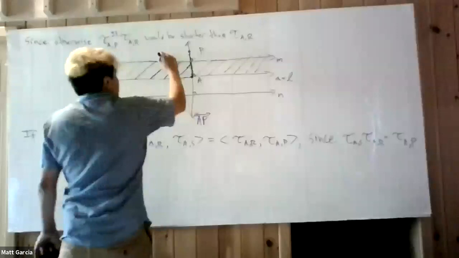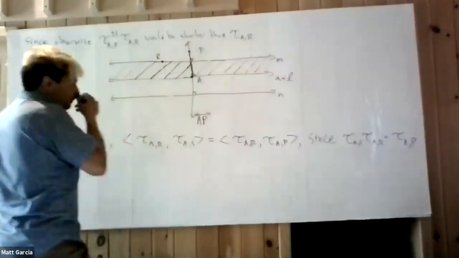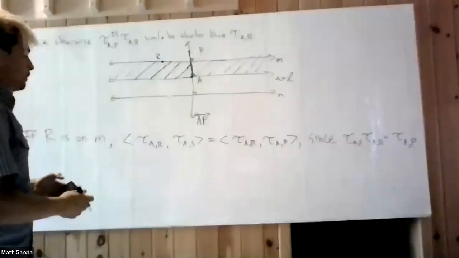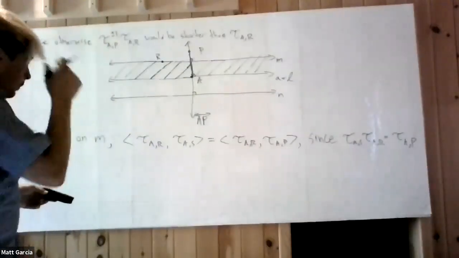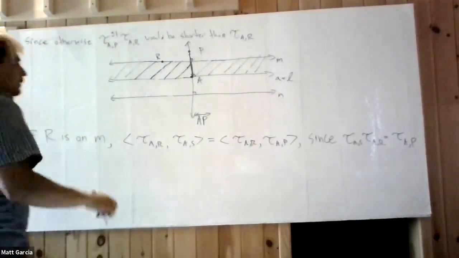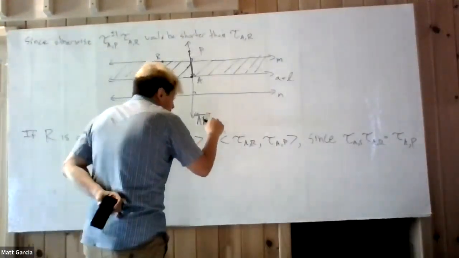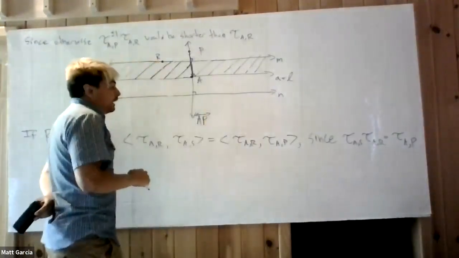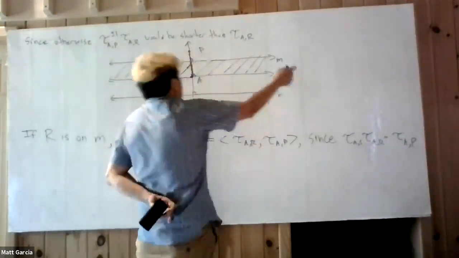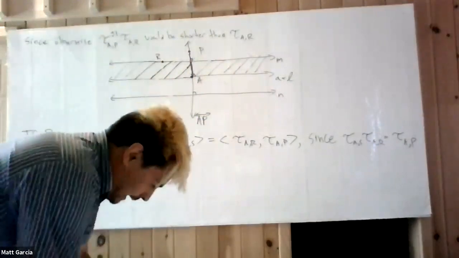So if we have R on the line M, well, yet again, there are two cases, right? We have to address, there's two subcases. We have to address the case where L is equal to the line through A and P, and L is perpendicular to the line through A and P. Okay.